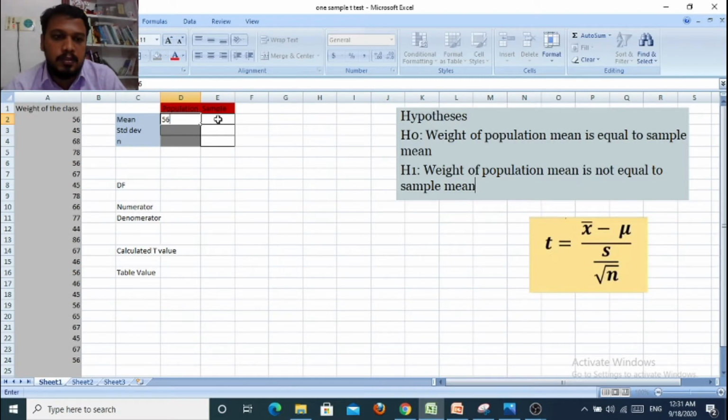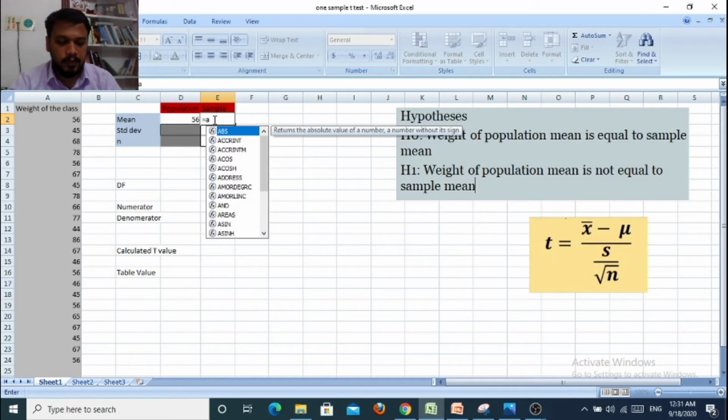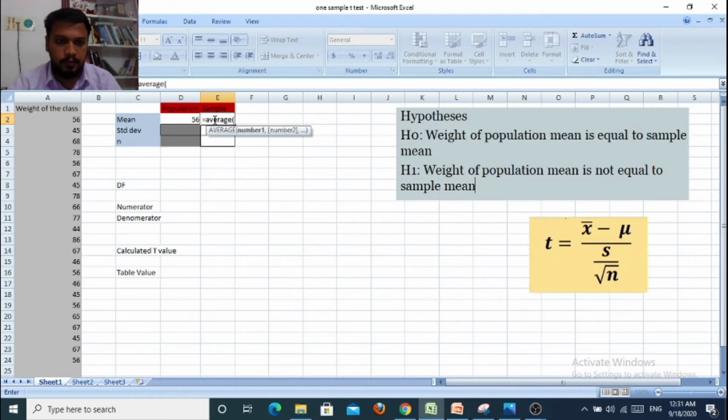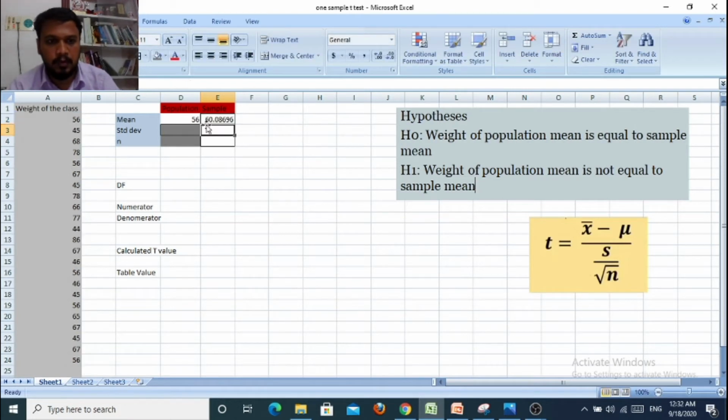First, you have to calculate the mean, that is the average of all the data. Enter, and you get the sample average.